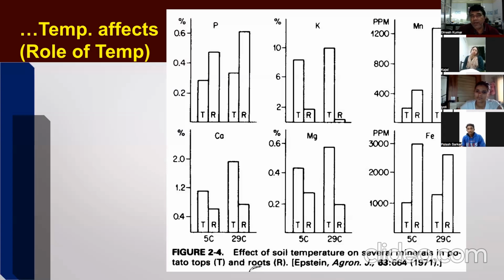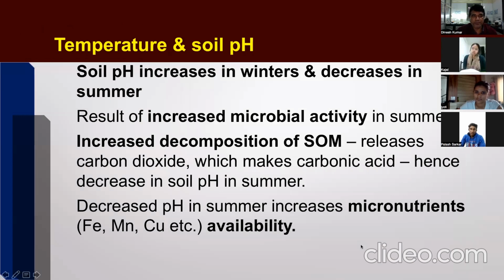For example, leaf nitrogen content, leaf magnesium content may be different from what you have in stem, or in root, even within the leaf. The petiole may have different concentration than the lamina or leaf blade. So this is how these concentrations are influenced by temperature.